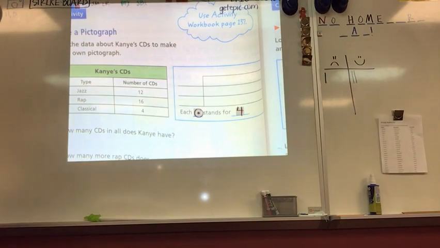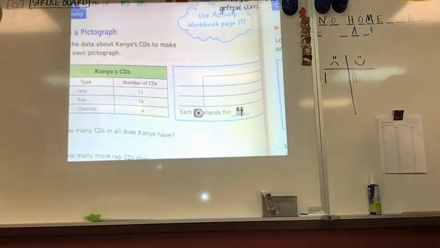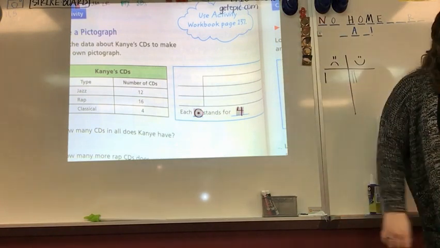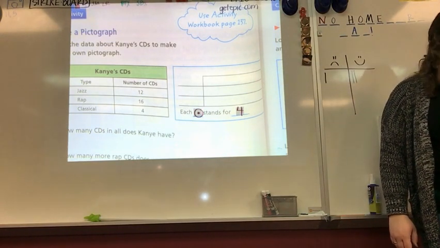The first thing's going to go on top. Who thinks they know what might need to go at the top of our pictograph? Jade? Maybe what we're writing about, the CDs. What was on the top of the other graph, or the other table, excuse me, the one that we're kind of copying from?